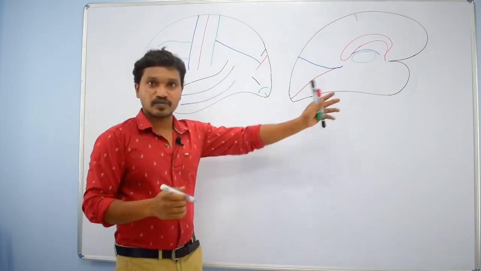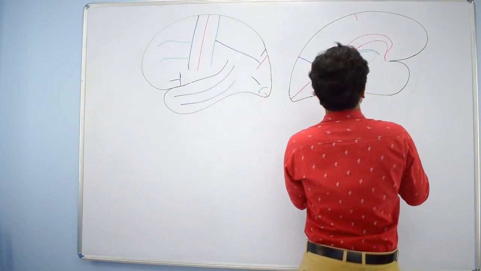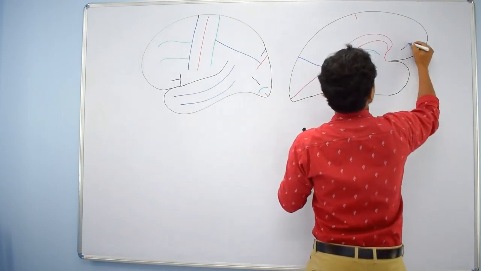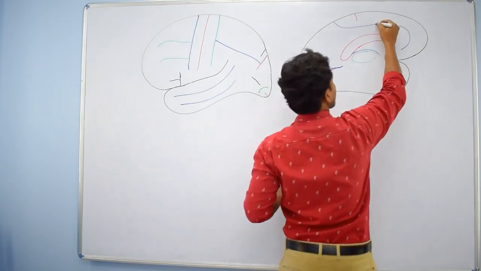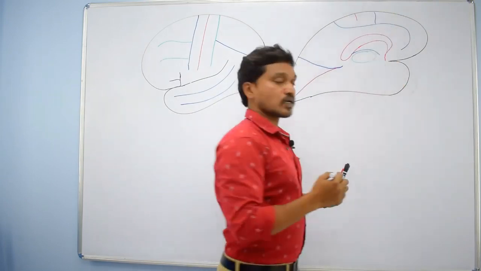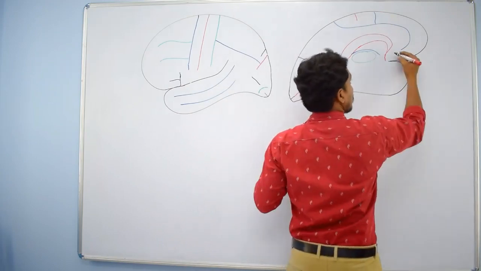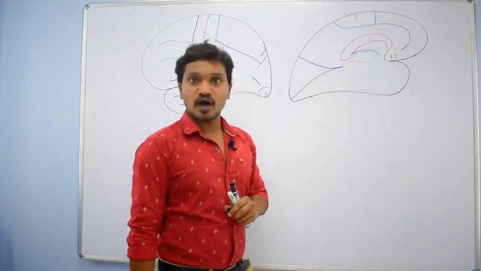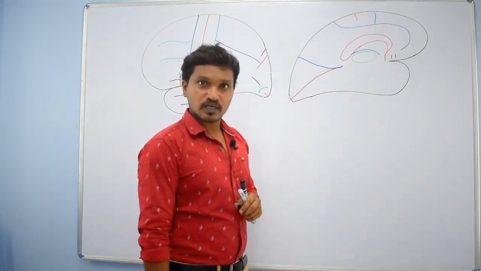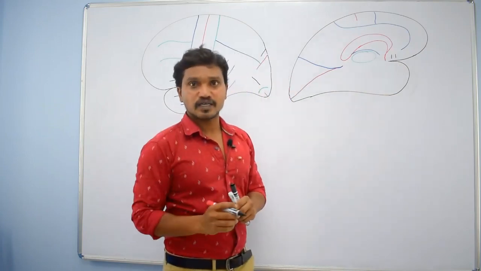In the medial surface, this is the cingulate sulcus and this is the vertical sulcus. Here anterior and posterior para-olfactory sulcus. In between these two, the para-olfactory gyrus will be there.